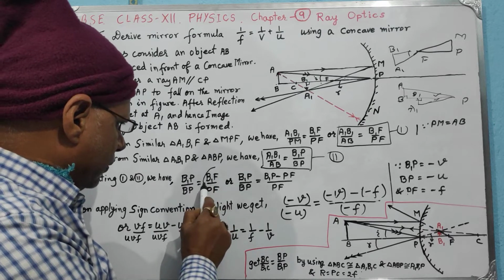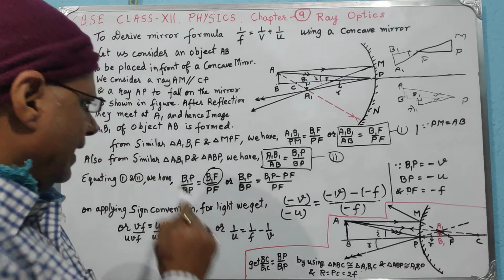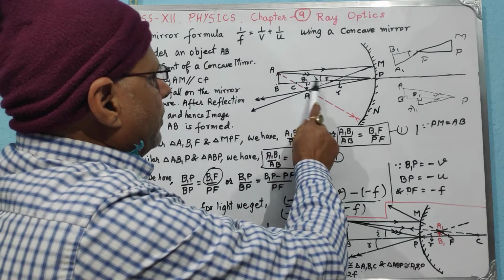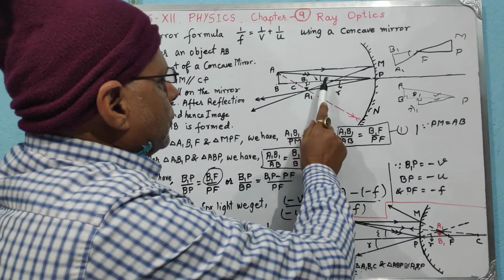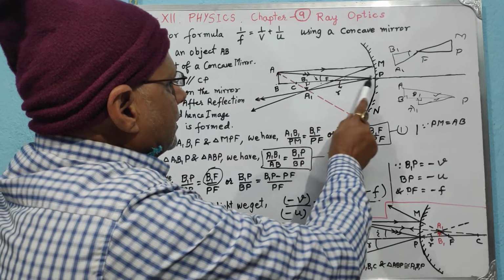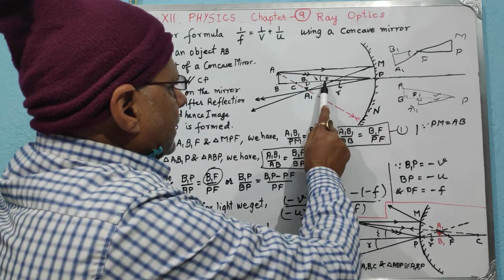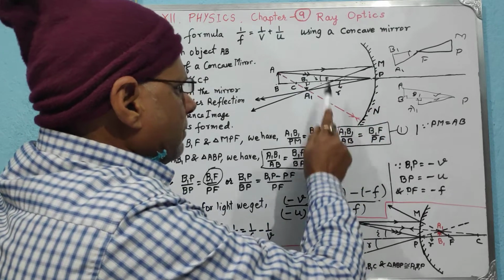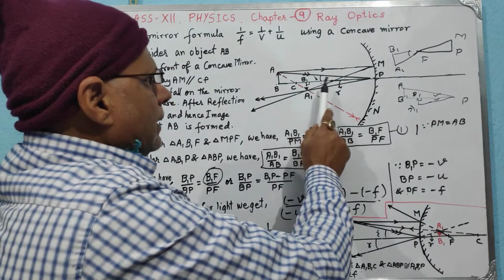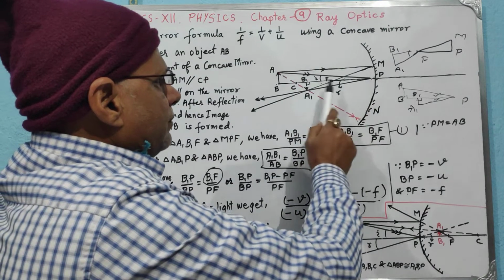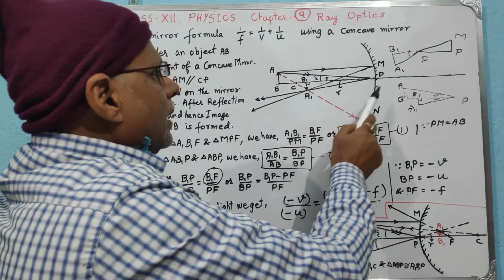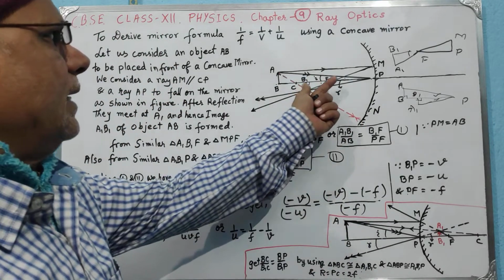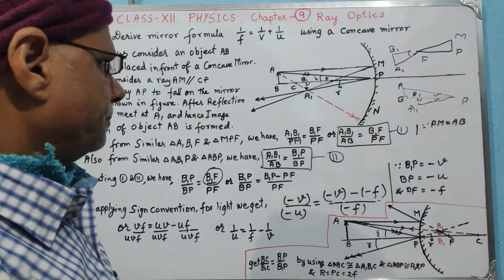So we are going to now replace the value of B1F. What is B1F? Let us see. B1F is this distance. So what we do is we add PF in this length. It becomes B1P, and since we have added, we must subtract the same amount. So we have added PF, so it became B1P, and minus FP will again become equal to B1F.